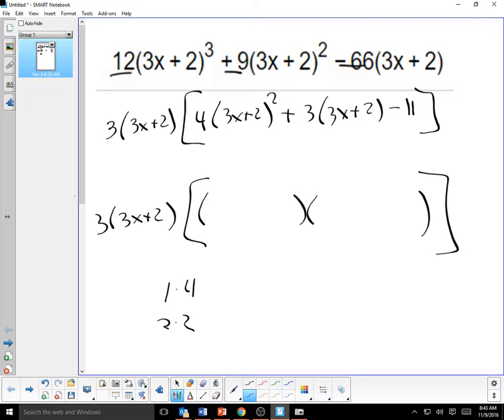And the only way to get to 11 is going to be 1 and 11. So if I put a 4 here and a 1 there, that would be 11 minus 4. That's not going to get us there. No, that's not factorable further. What the hell are they doing?